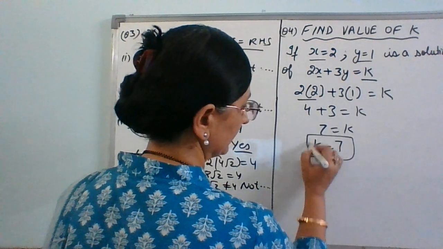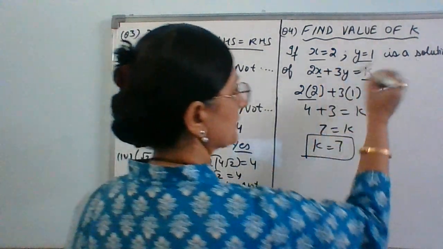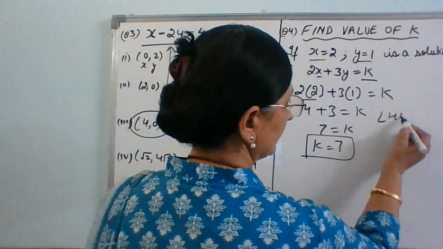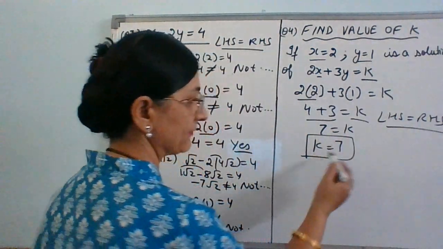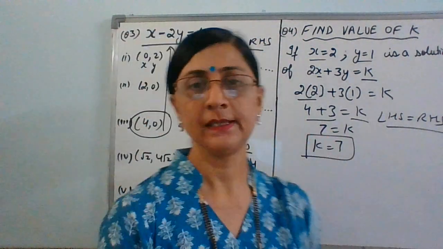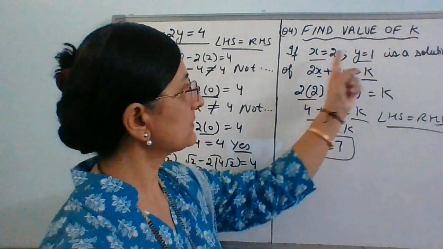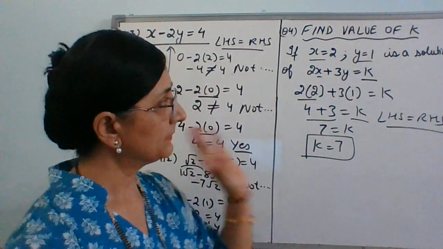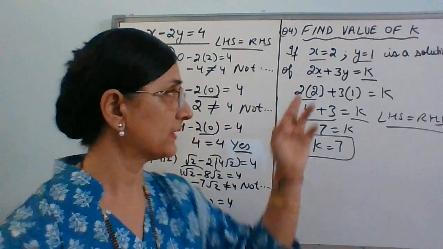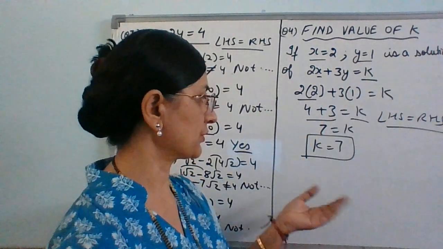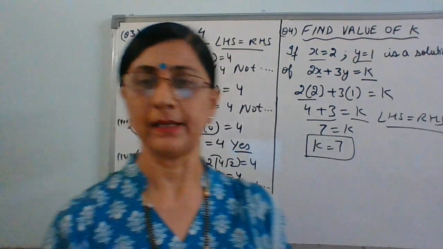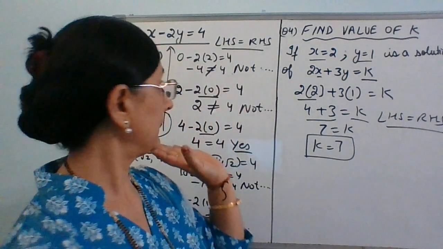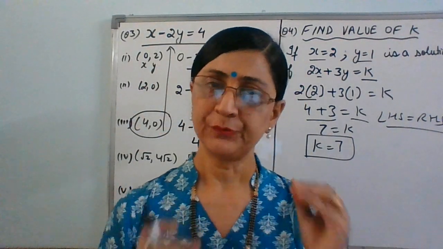Is a solution means LHS is equal to RHS. We have to equate them because these values satisfy this equation, as it is given that they are a solution. So the value of k here has to be 7, and we were supposed to find the value of k. So I'm done with this exercise 4.2, right?